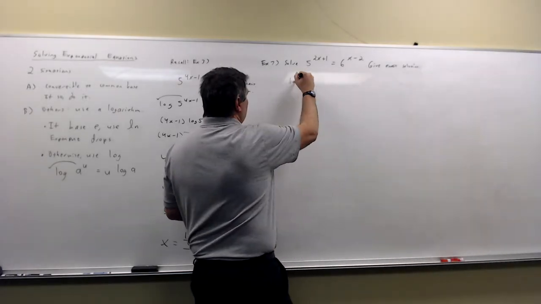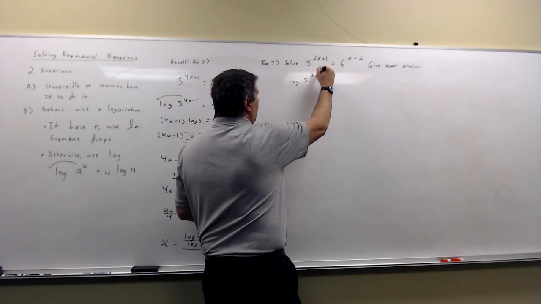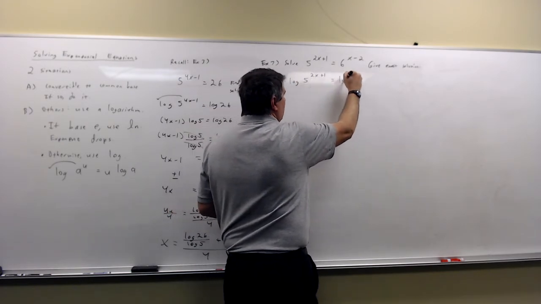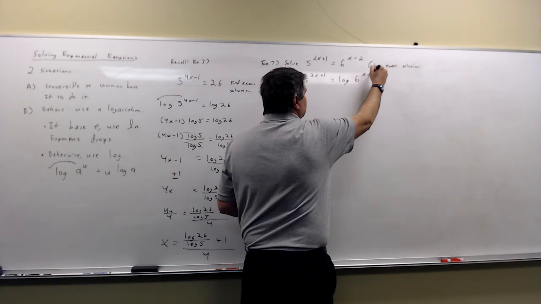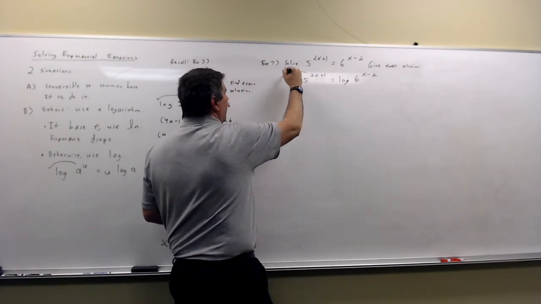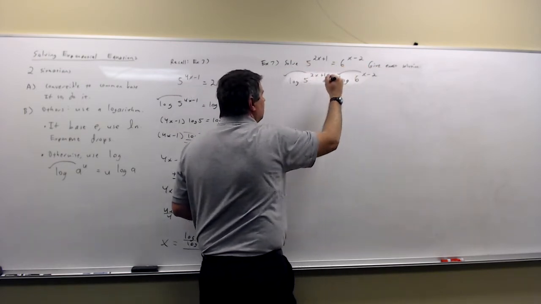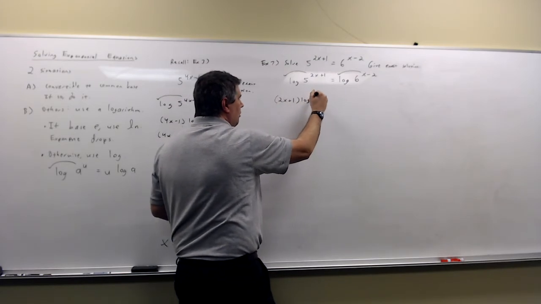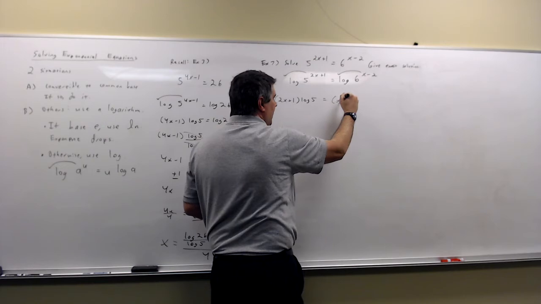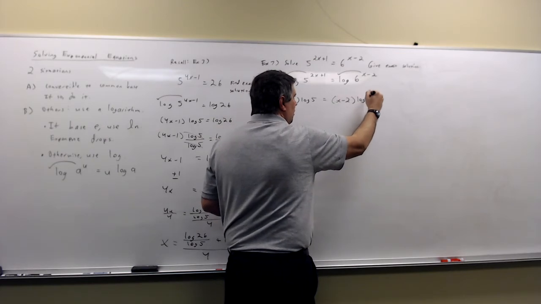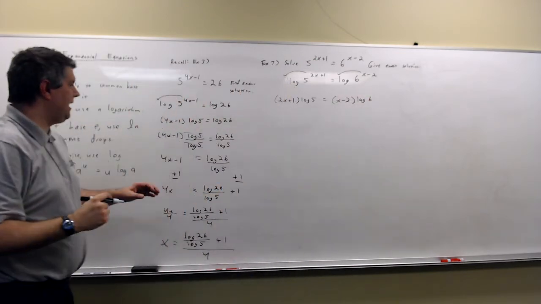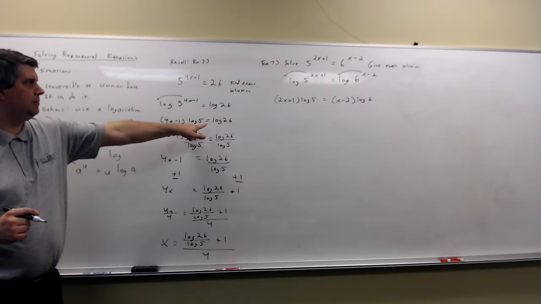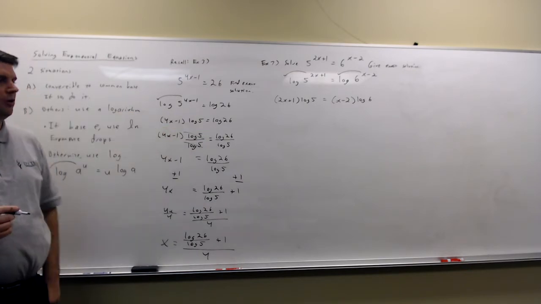So, log of 5 to the 2x plus 1 equals log of 6 to the x minus 2. And these are going to the front. So I have 2x plus 1 times log 5 equals x minus 2 times log 6. Okay, similar to what happened here, except on both sides.